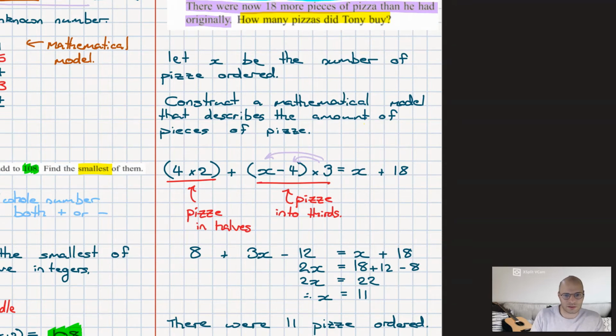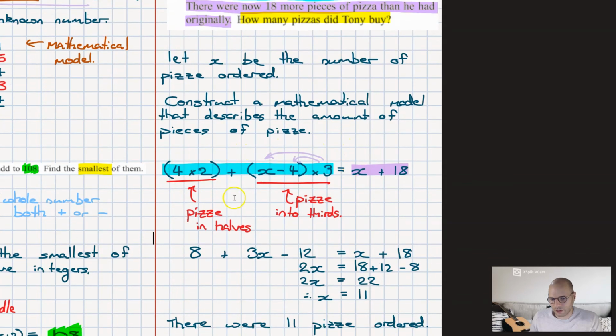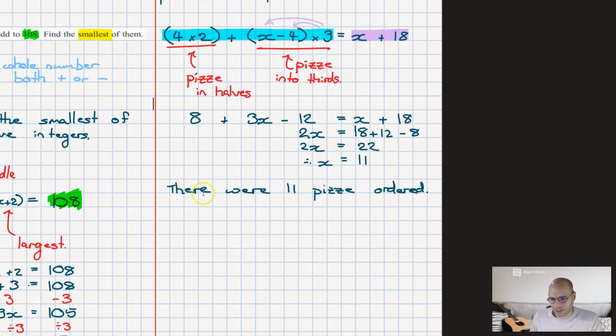So let's color that purple there, and we'll color this one teal. So that's how these two parts of the question link up. This is the English or the written expression. This is the mathematical model. Finally, we get down to 11 pizzas ordered.